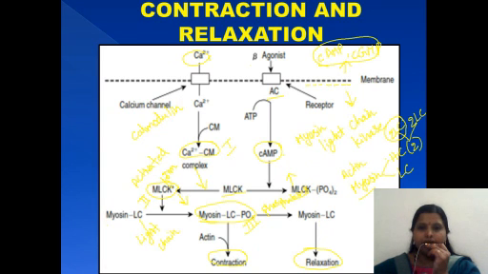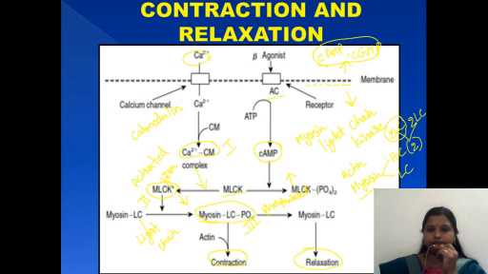The cyclic AMP, what it is doing in this contraction relaxation process is the MLCK is not getting converted into its activated form. Because the cyclic AMP is converting MLCK into its phosphorylated form, and hence MLCK activated form is not available for further contraction. Hope this is clear to all of you.